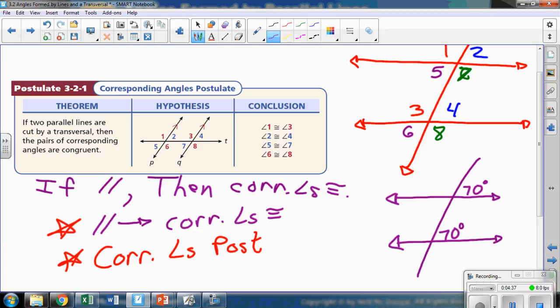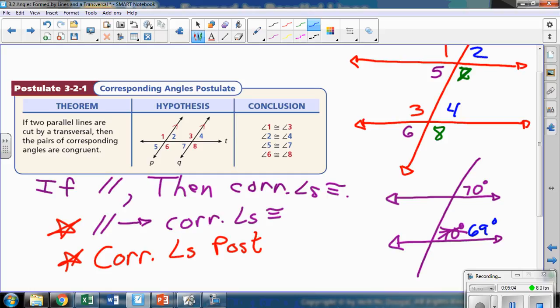So this is showing me my corresponding angles are congruent. What if the bottom one was not actually 70? What if the bottom one was off by a little bit, say 69 degrees? If it were 69 degrees, what is that going to do to the bottom line? It wouldn't be parallel.